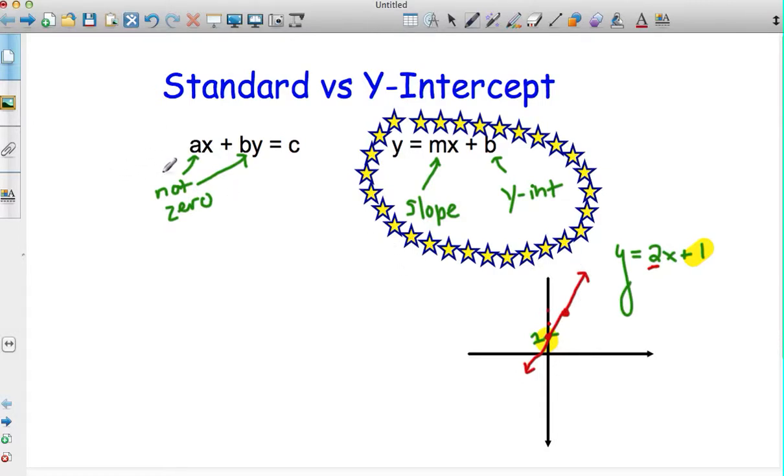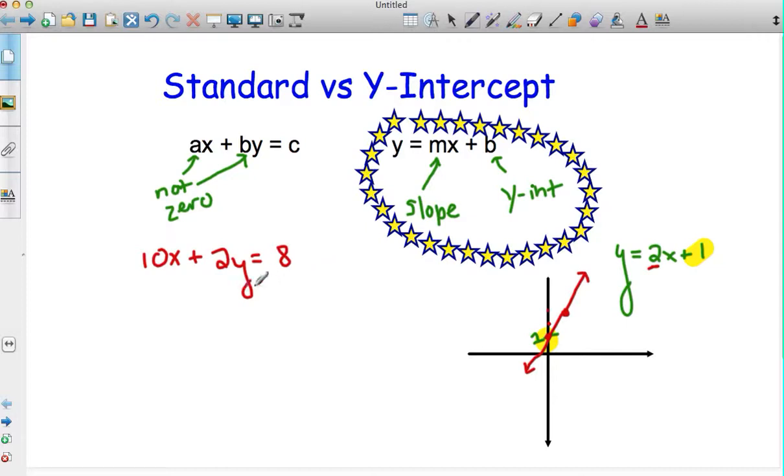If you have an equation in standard form, for example, how about 10x plus 2y equals 8?